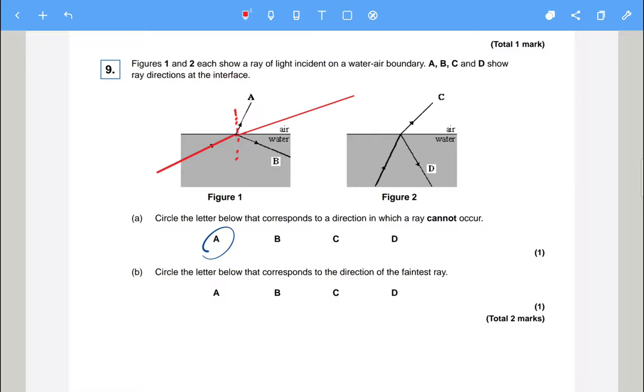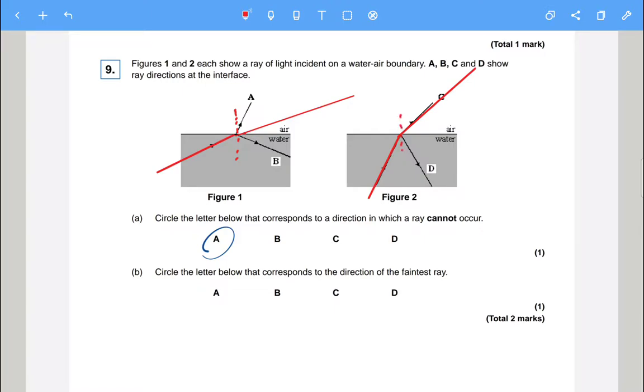The second one says circle the letter below that corresponds to the direction of the faintest ray. Now, when you get refraction, which we have here, that's in the correct direction. That's gone the correct way because that has gone into a less dense medium, into air, and it's refracted away from the normal.